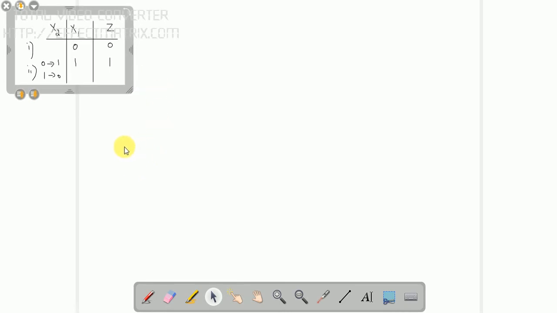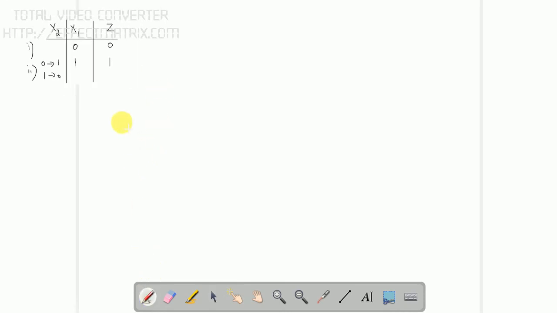First, let me start with a state called A, which has two inputs x2, x1 divided by the output z. Since my x1 is 0, x2 is also 0, my output will be 0. So this is the first state. I am giving the name A, and this will be z.